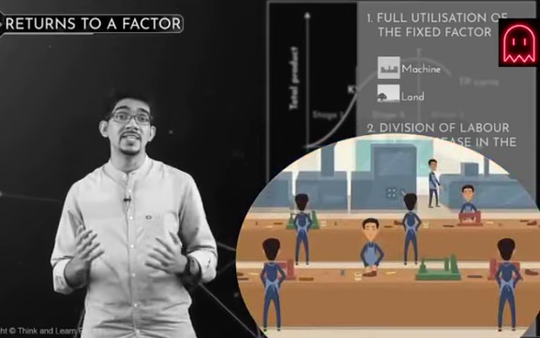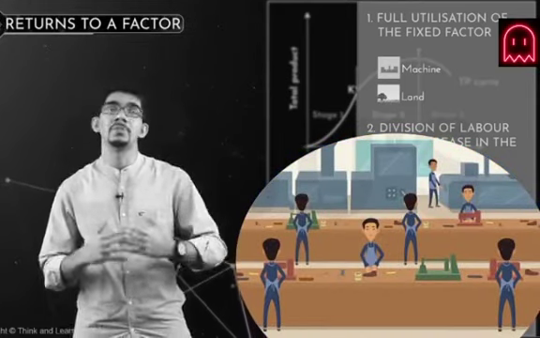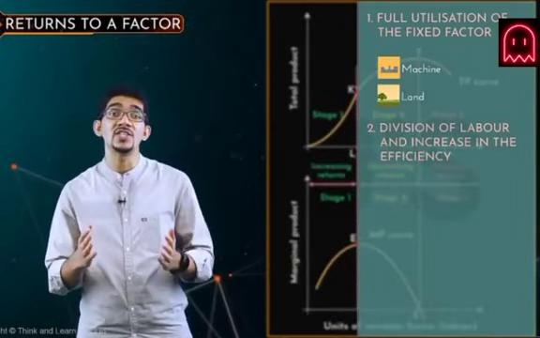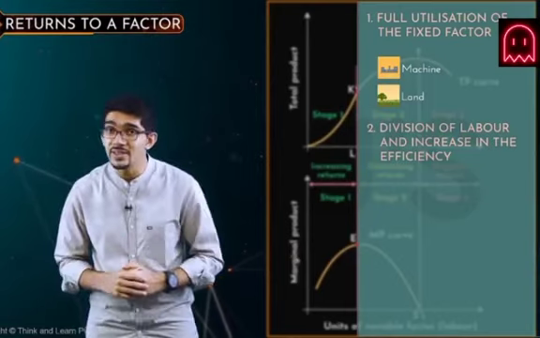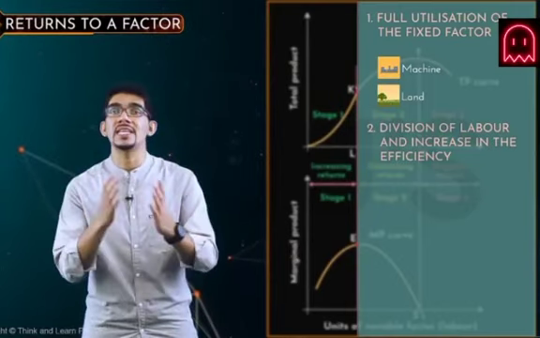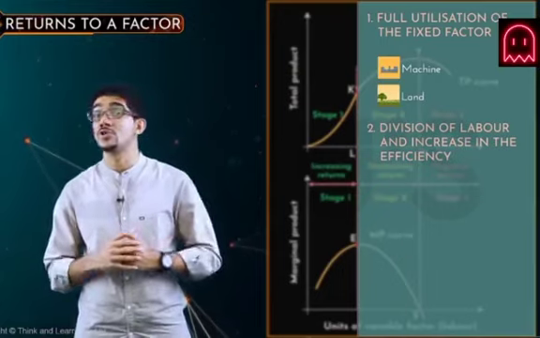Similarly, in a factory, we can have workers specializing in various areas, operations, and machines. This is specialization. This increases efficiency or productivity of the variable factor as each factor is employed properly without wasting time or skills. And accordingly, marginal productivity tends to rise.